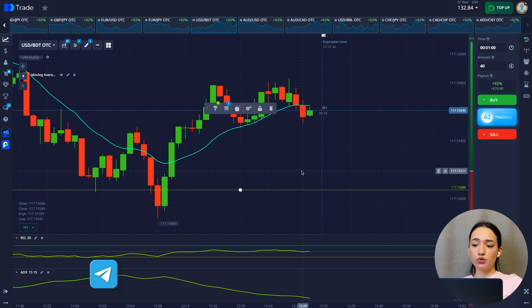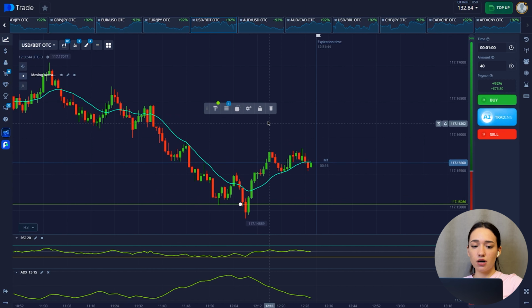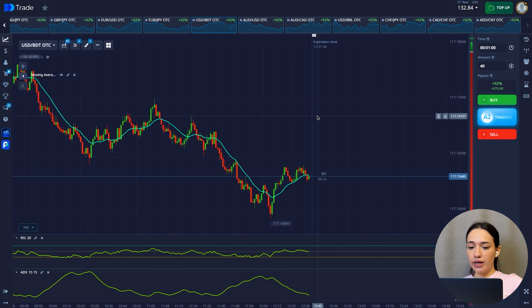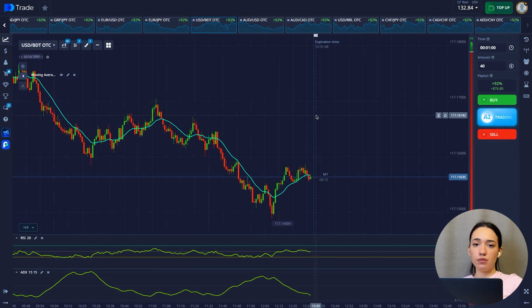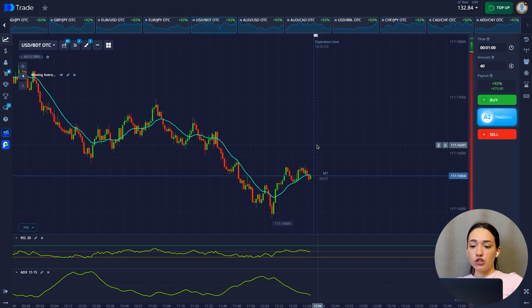Since we are trading with 1 minute expiration time, we need to act quickly and catch every impulse. But overall, the strategy also works great on 3-minute or 5-minute time frames, so the signals become more reliable as short-term noise is filtered out.